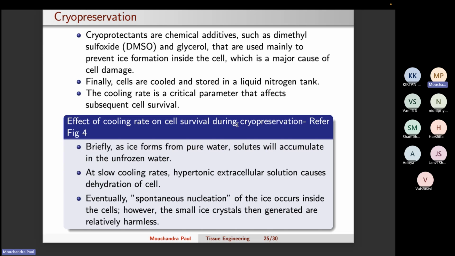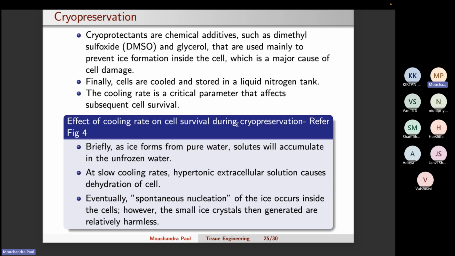So every minute, if we start with, say, 37 degrees Celsius, it will slowly drop to -80 degrees Celsius, 1 degree at a time. This is called the cooling rate, and it has an effect on whether cells will survive during cryopreservation at very low temperature.